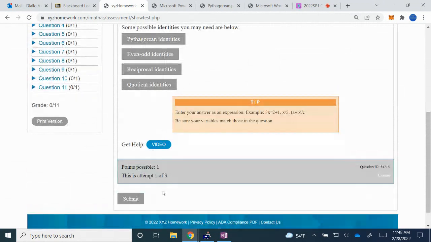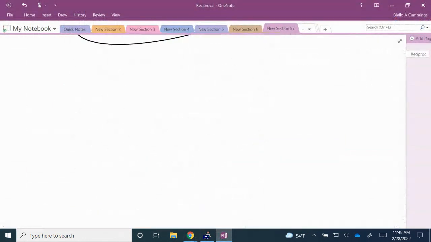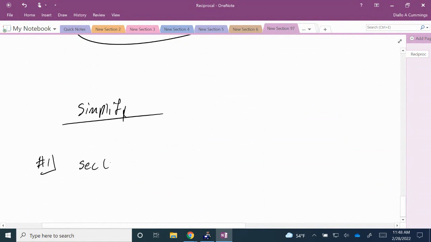All right, so the first thing we're going to do is simplify secant x times cotangent x times the tangent of x.